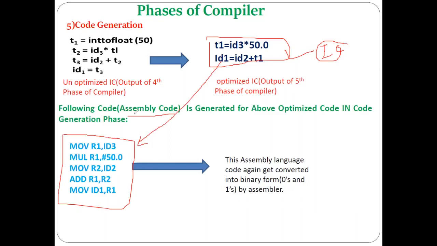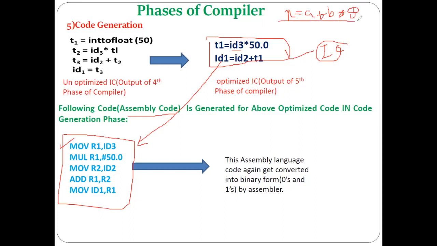Here you can see the first instruction, a machine instruction in assembly language: MOV R1, ID3, meaning first we are moving ID3. You need to remember the example x = a + b * 50.0, sorry, b * 50.